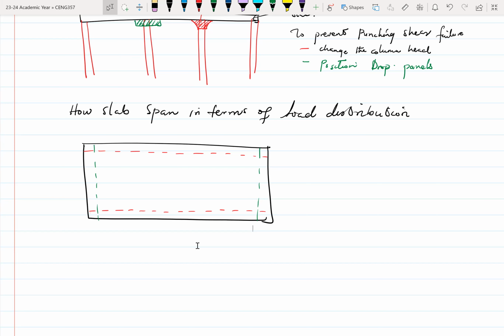All right. So if this is your length in the x direction, and this is your length in the y direction, we have to find a ratio of the two, Lx over Ly. If Lx over Ly is more than 2, then your slab spans in one direction.